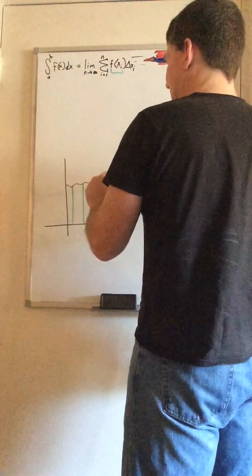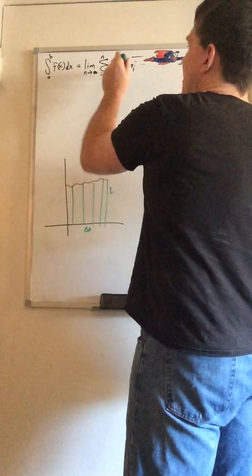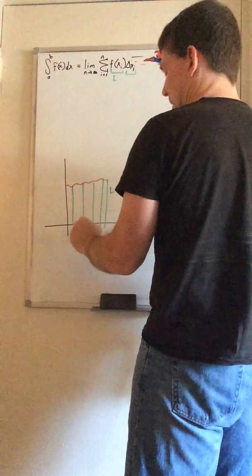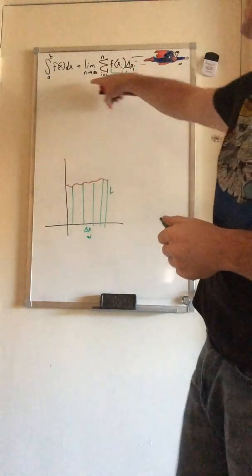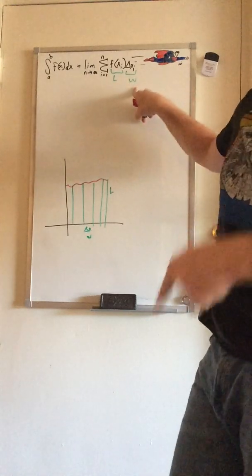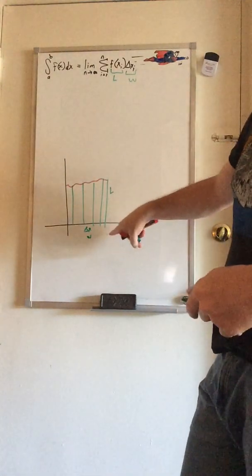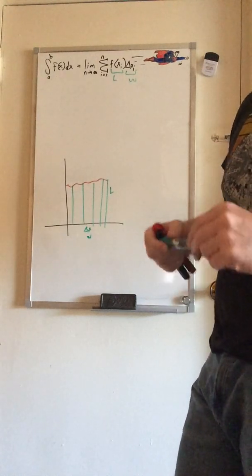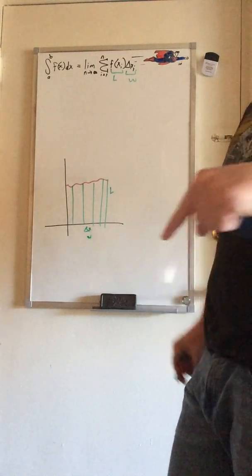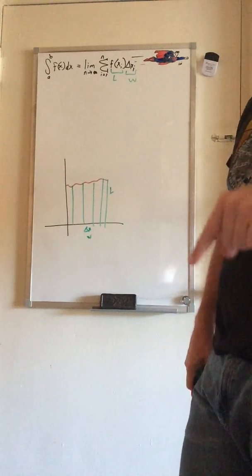f of x sub i is just the length of that rectangle. Delta x sub i is just the width. Which means all this literally says it's a limit of a sum of a bunch of rectangles, which happens to be what we have here, which allows us to use it to find the area under a curve. But do not assume that an integral is an area under a curve.